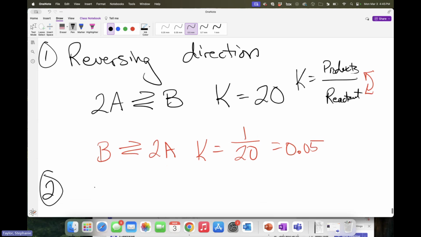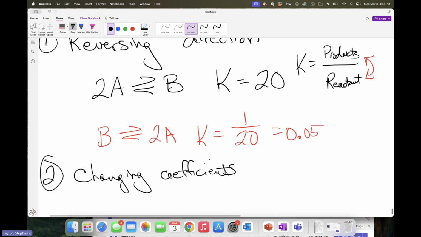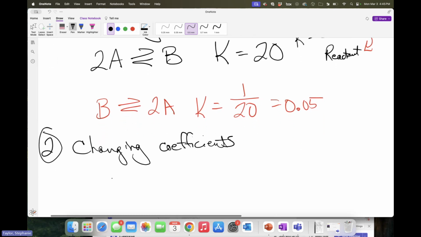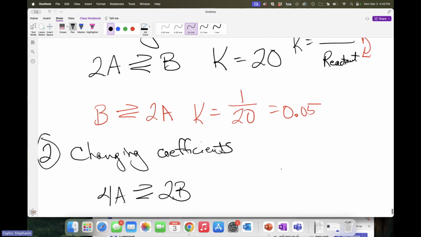The other one is changing coefficients. If we change coefficients, let's go ahead and just make this 4A in equilibrium with 2B. If we do that, then what we are doing is we are in fact changing our coefficients.